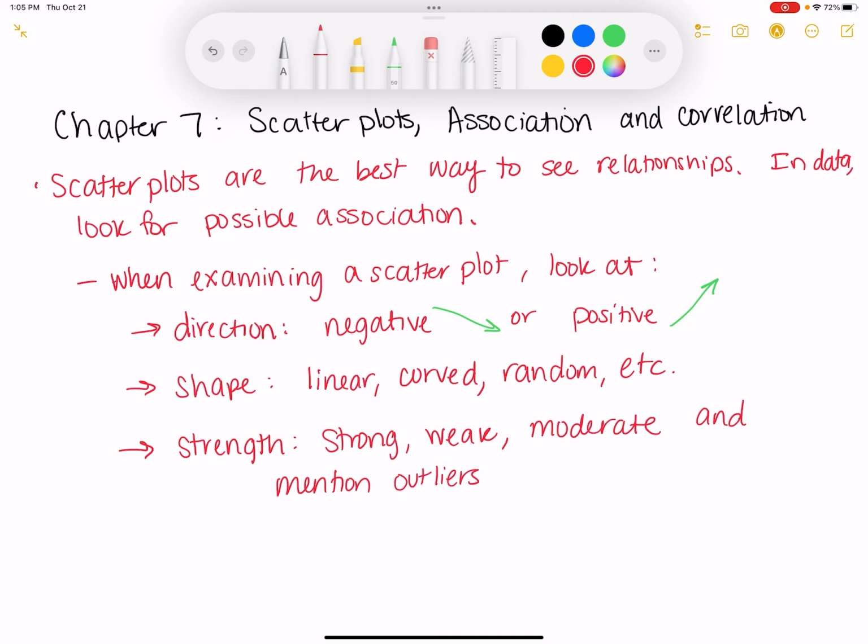Is the strength like how drastic it changes? So like this would be weak and that would be strong. I spelled plot with 2 O's.